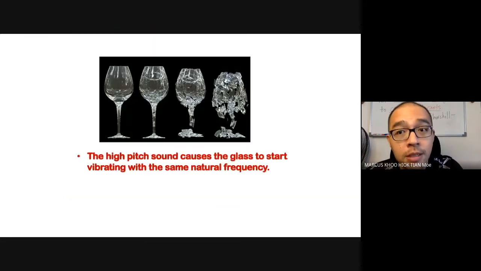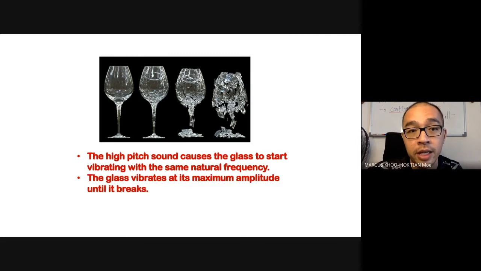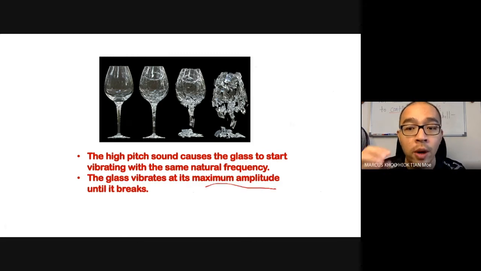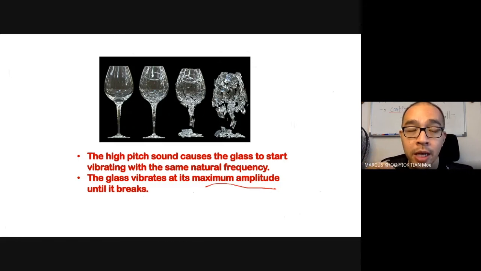It is possible, but a bit difficult. So the high pitched sound causes the glass to start vibrating with the same natural frequency. The glass vibrates at its maximum amplitude, because when resonance happens, the thing being forced to vibrate has to vibrate with a maximum amplitude, and that causes the glass to break.